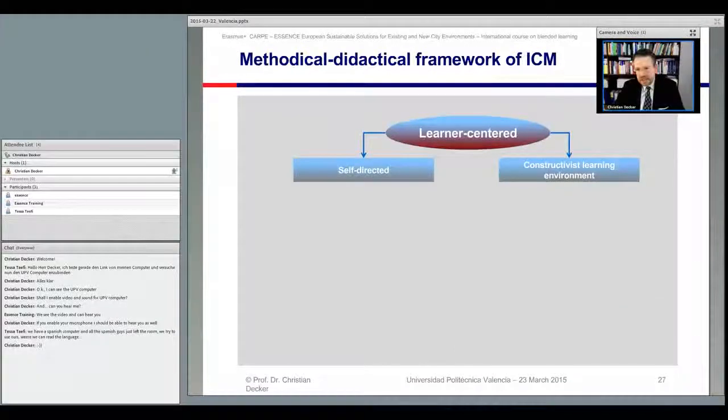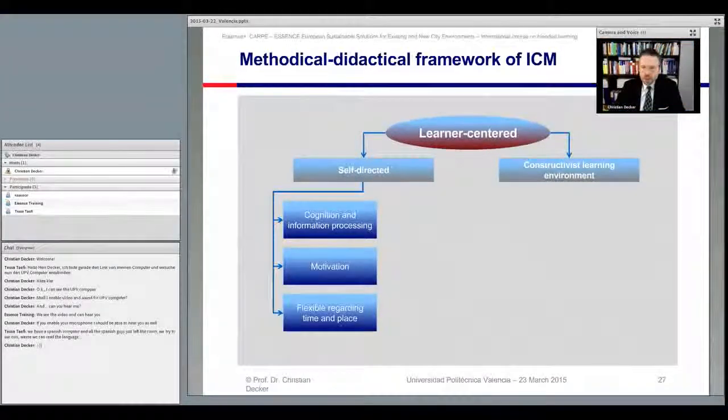It enables self-directed learning, which from a theoretical perspective is helpful when it comes to cognition and information processing. So students can control how fast they go over the materials, whether they have to rewatch the e-learning videos or not.